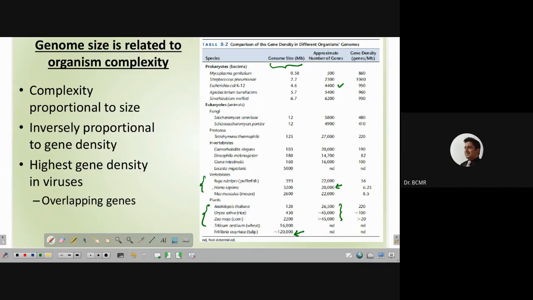So probably that's one of the reasons why they may have more genes. We have relatively fewer, but still we can accomplish many things with those genes because we have the capacity of moving and so on. Okay.